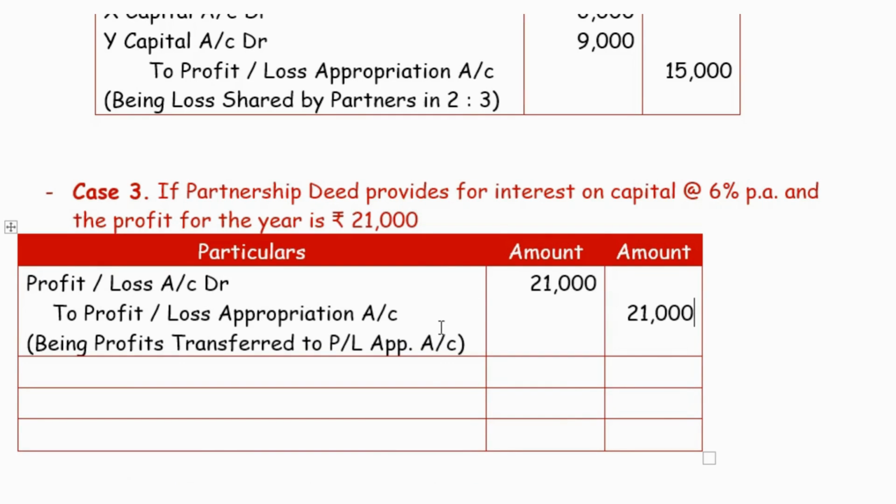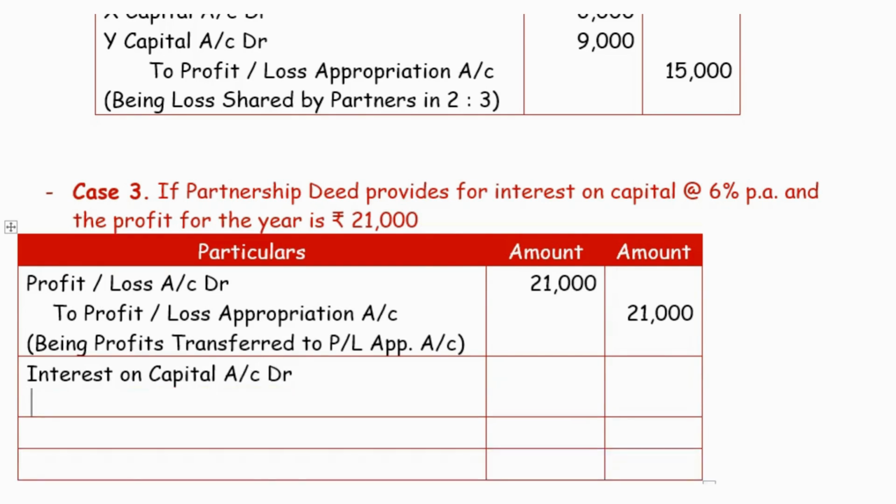The next is about the interest on capital allowed. As we discussed, interest on capital is an income for the partners and an expense for the firm. Partner X has contributed 2 lakhs as capital and the interest percentage is 6%, so he will be getting 12,000 as interest on capital.